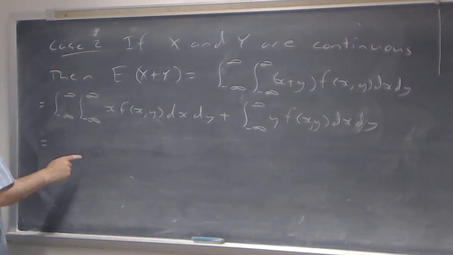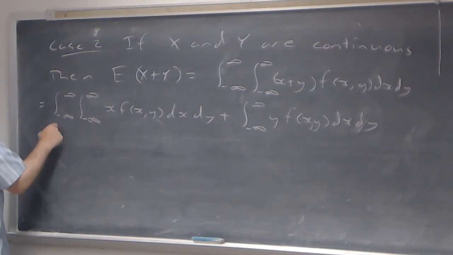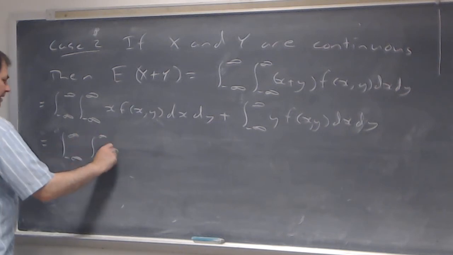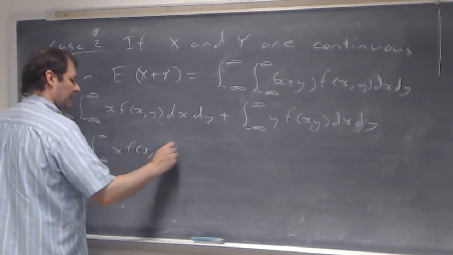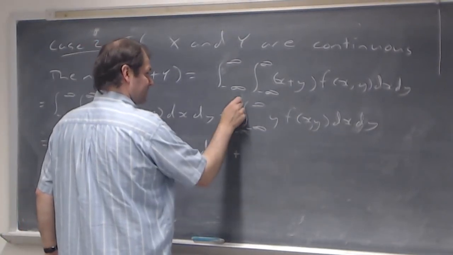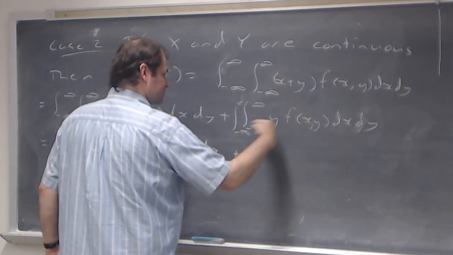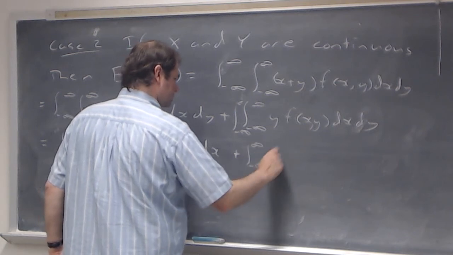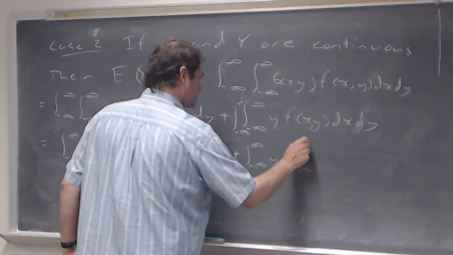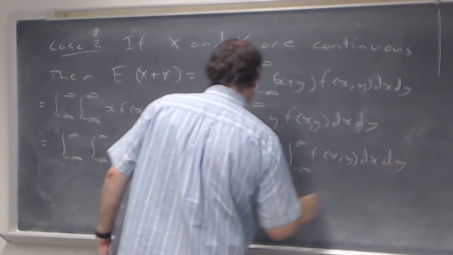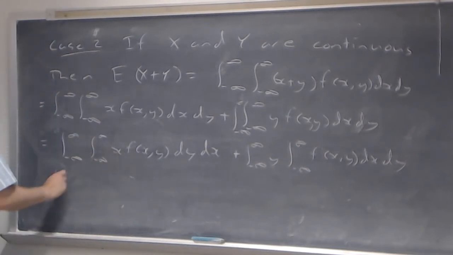This is going to be equal to, here I'm going to switch the order of integration, the integral from minus infinity to infinity, the integral from minus infinity to infinity, of x, f of x comma y, dy dx, plus, I forgot the integral, excuse me. So here, this is the inner integral with respect to x, so the y is a constant, so I'm going to pull it out. Here, now, x is a constant, so I can pull it out.